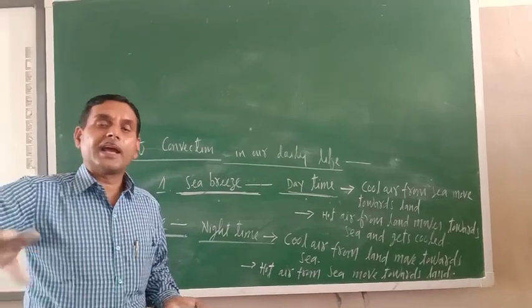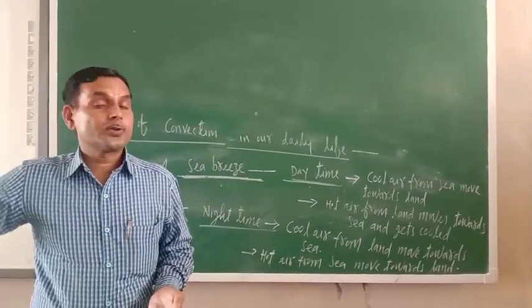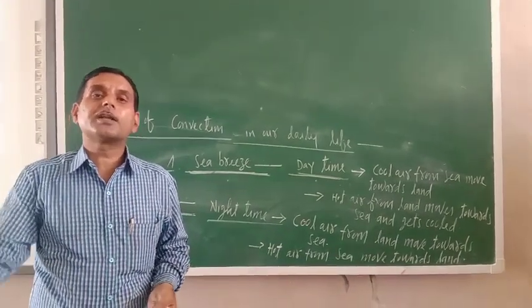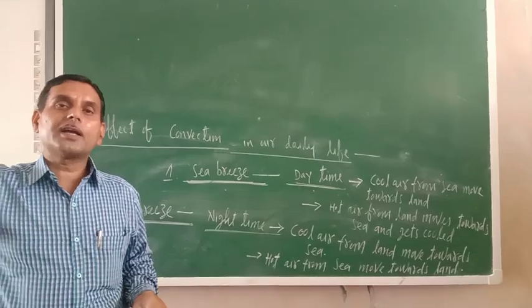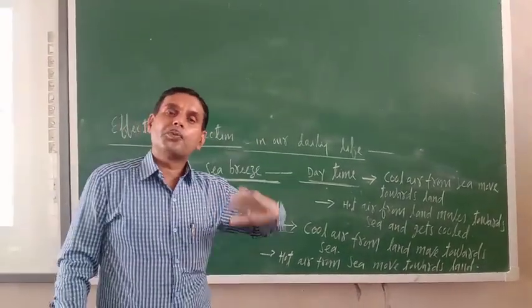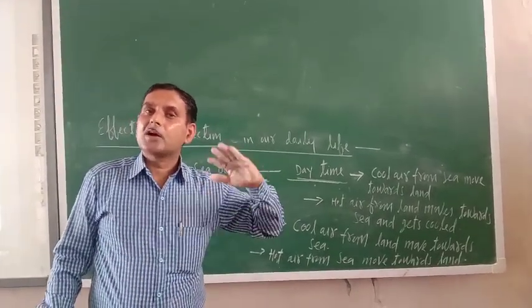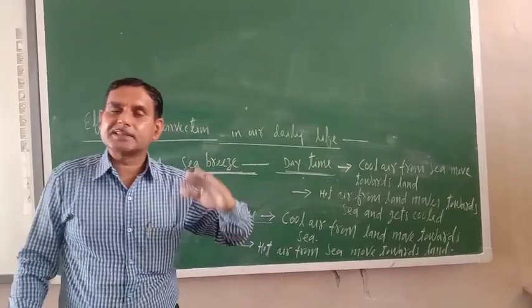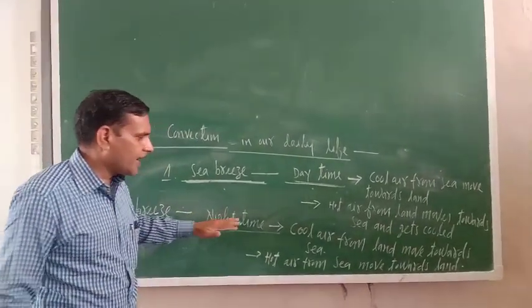So the air which is near the sea water is still hot. So the air near the sea water will rise up, and now near the sea water, air won't be there. So to fill that gap, the cool air from the land side will move toward the seaside.